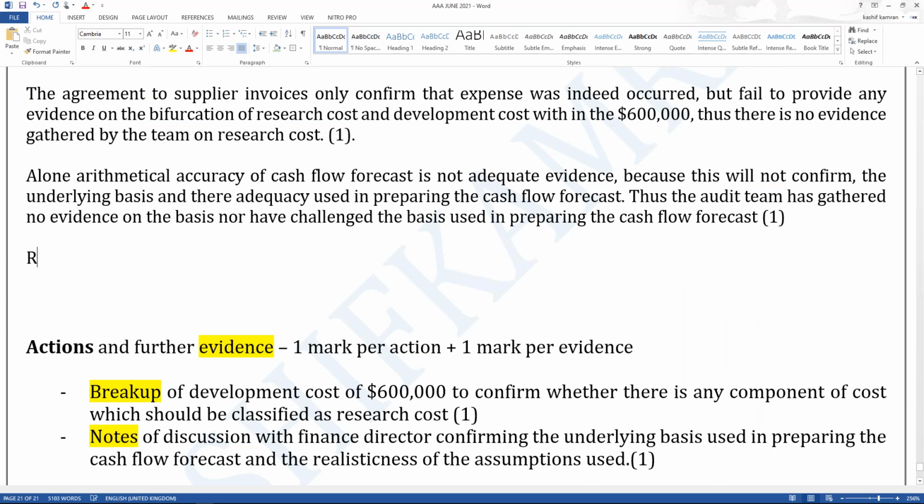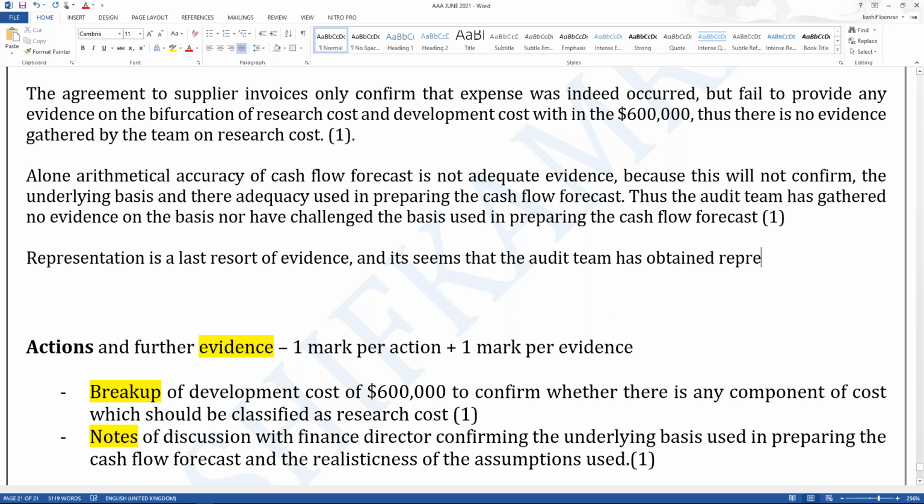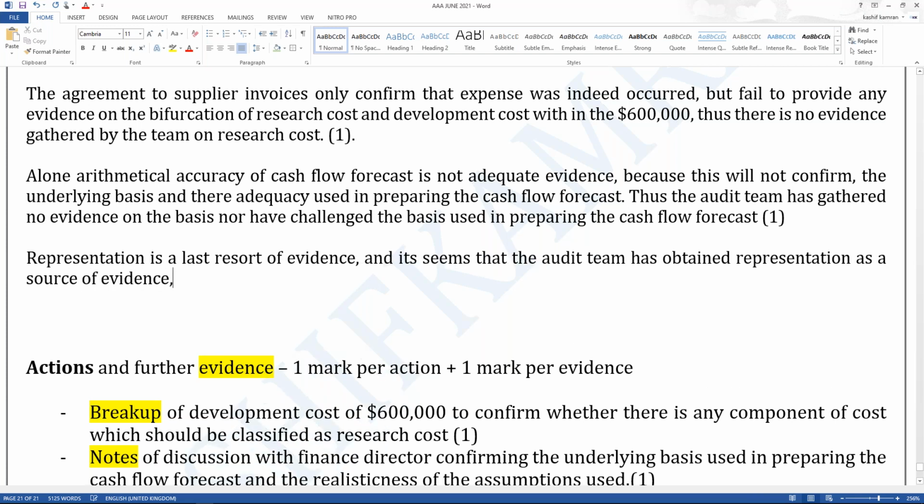The last comment: the representation is a last resort of evidence, and it seems that the audit team has obtained representation as a source of evidence too early, or when too little work was performed by the audit team.